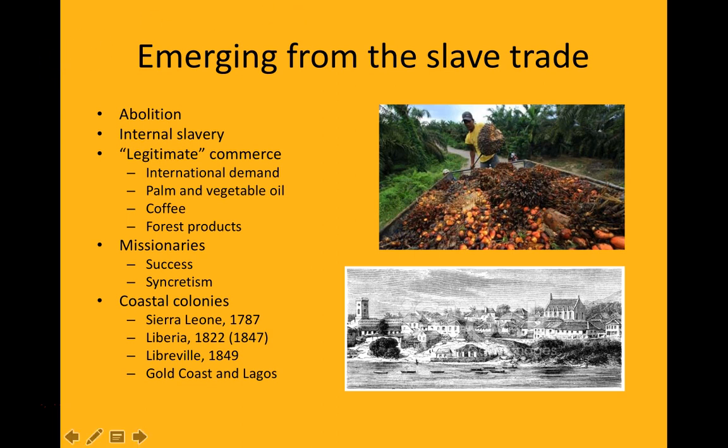You can see from the drawing of Freetown here from a British publication in the early 19th century that this place is very European. All the buildings are European. There is a cathedral of some kind here, or a church or something. There's probably a courthouse of some kind over here, with European-style buildings dotting the landscape, right?